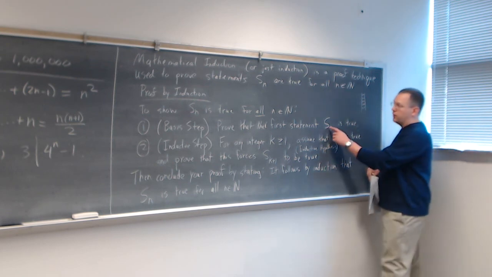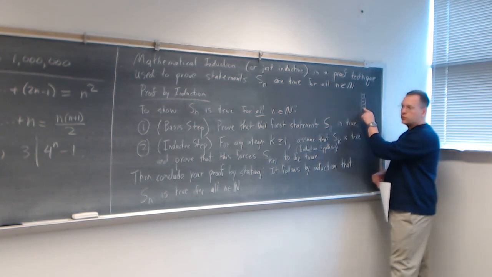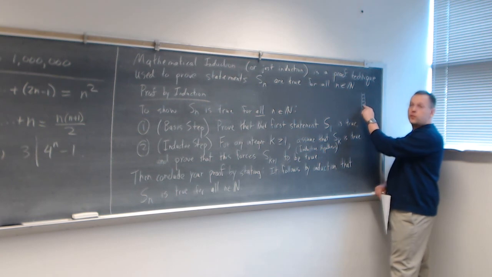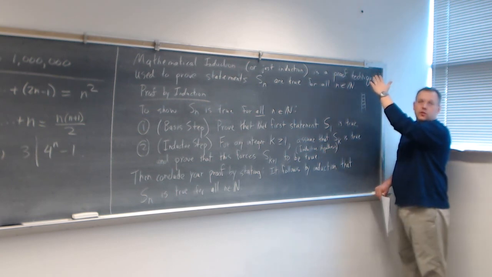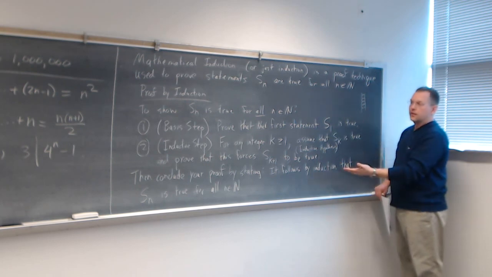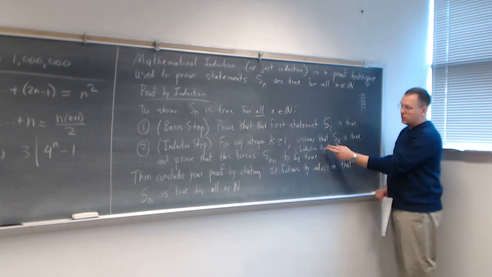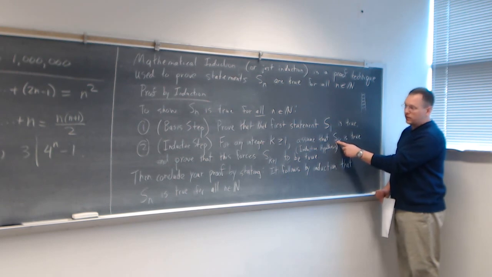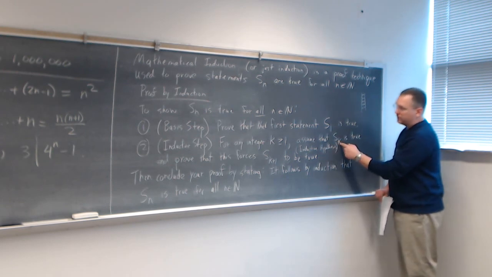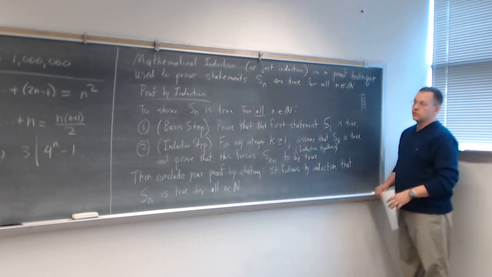So if you can stand on the first rung, in other words, you prove S1, and you can always move up to the next rung, then won't you always get to the top of the ladder if you can master those two skills? So that's the idea here. If you can prove the first one, and you can always prove the next one, given the previous one, then all of them are true.